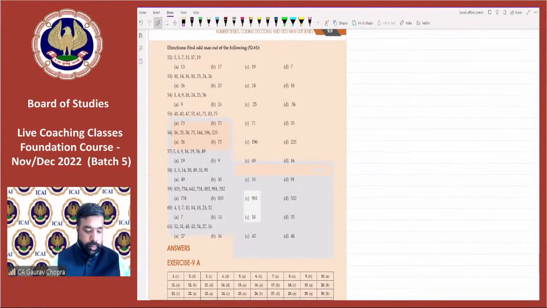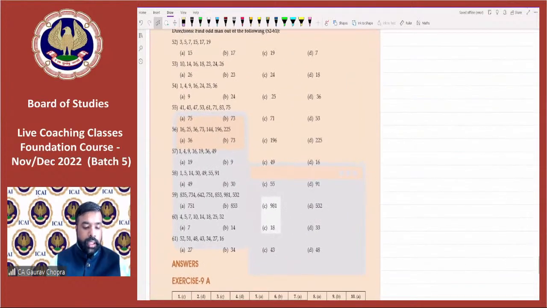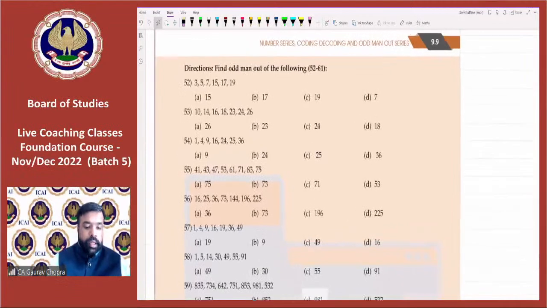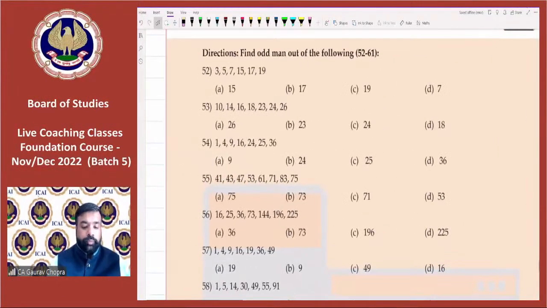Now, from 52 to 61, we are having odd one out series. We have to find the odd one which is not relevant for the series. For 52, we have 3, 5, 7, 15, 17, 19. All the numbers are prime except 15. So 15 is the odd one out.